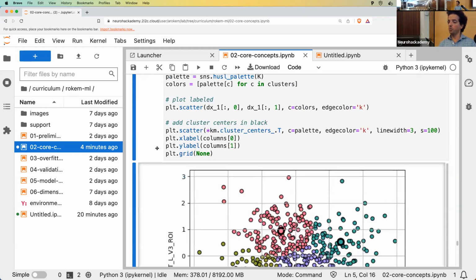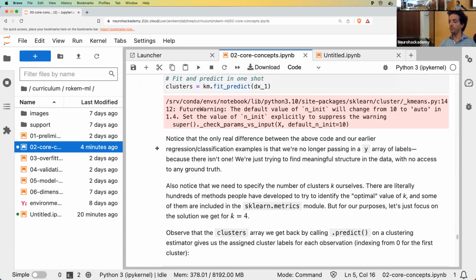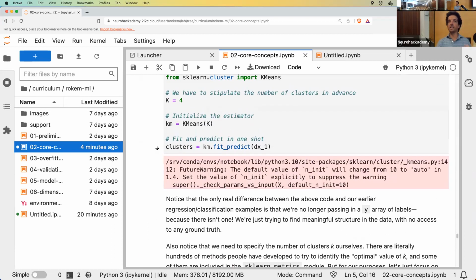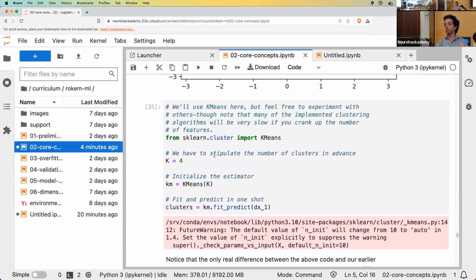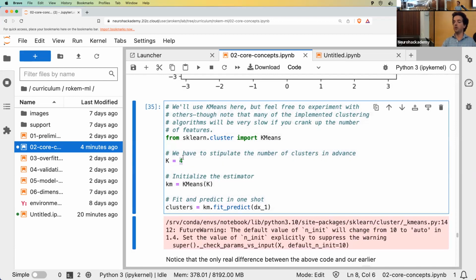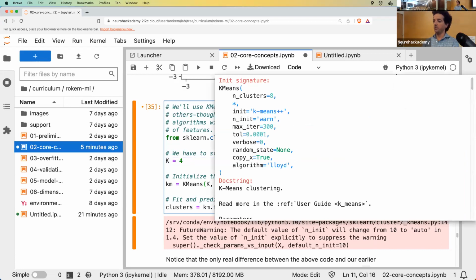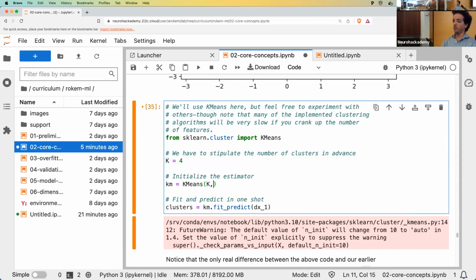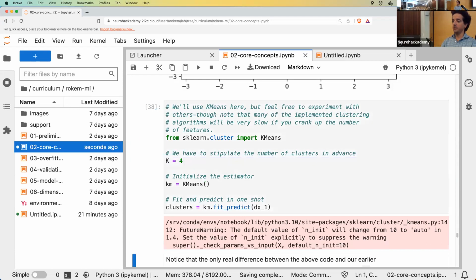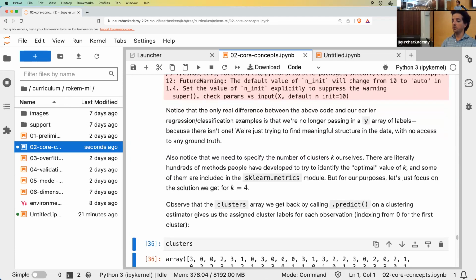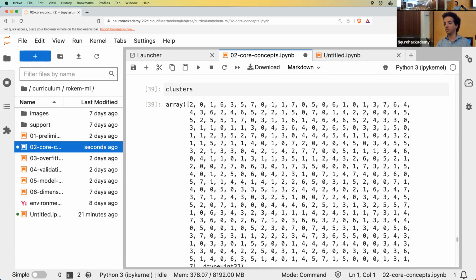Right. So that's one thing. And that also maybe answers a little bit of the question that you asked about the reasonableness of choosing 4 here, which is that instead of initializing k-means with k, I believe there's a way to tell it to, well, I think if you just do this, it actually goes and calculates some internal validation, and tells you how many clusters it thinks there should be.